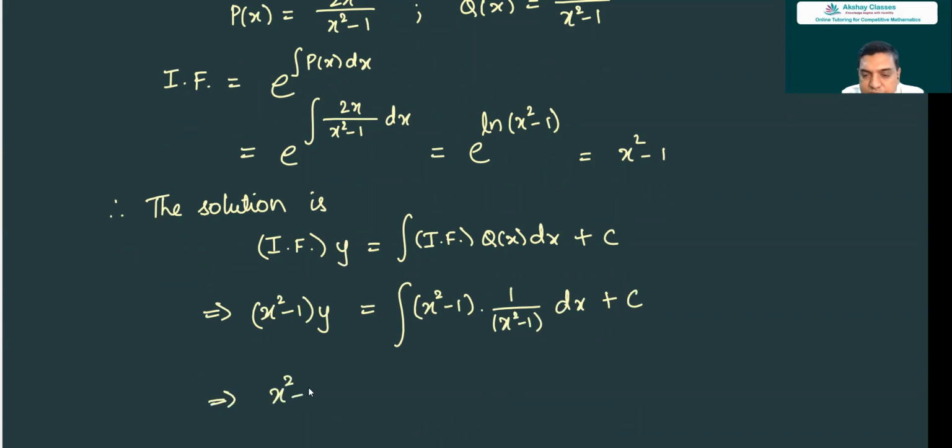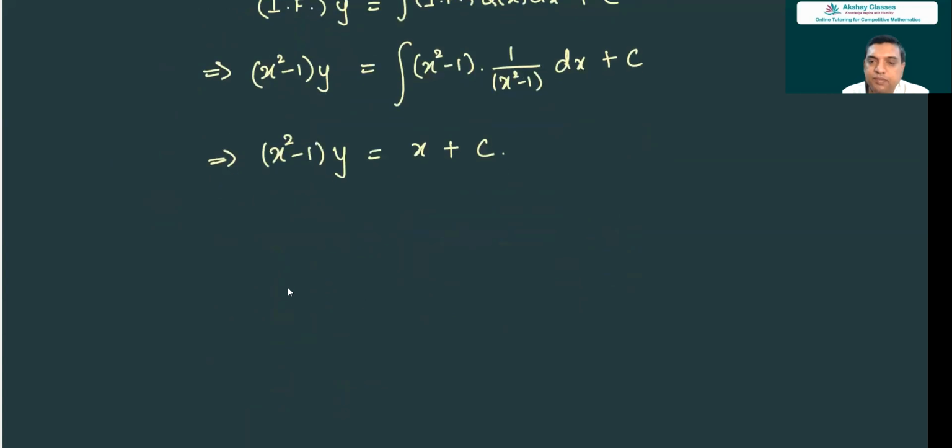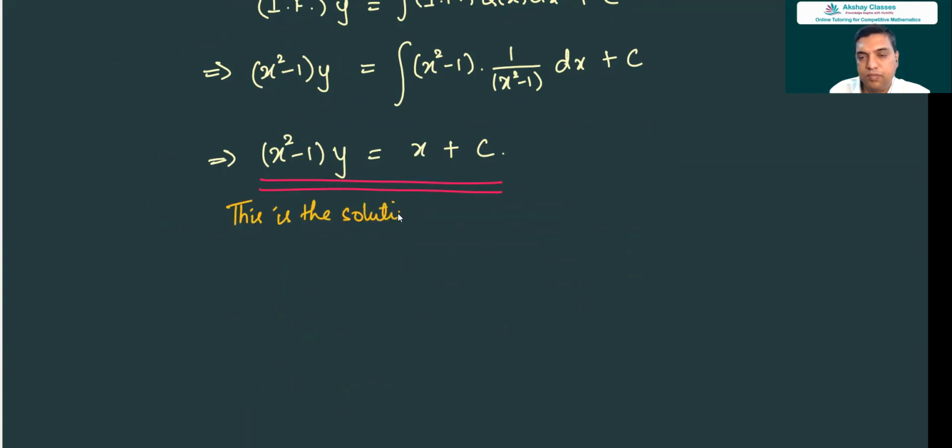So we get (x² − 1)y. This cancels. The integral of 1 is x, plus c. This is the solution of the above linear differential equation.